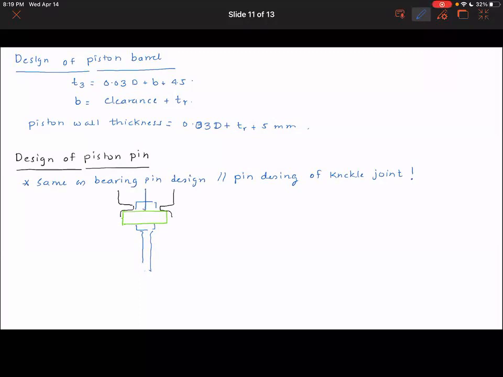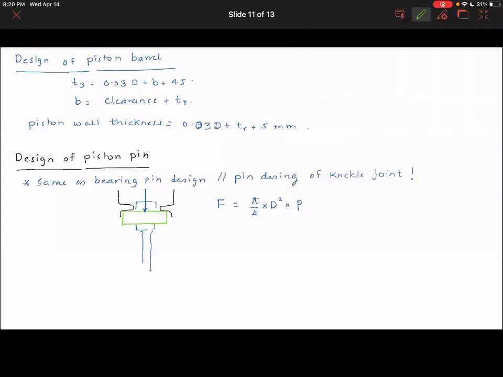If you look at the total force, it is nothing but pi by 4 times d square multiplied by the maximum pressure.